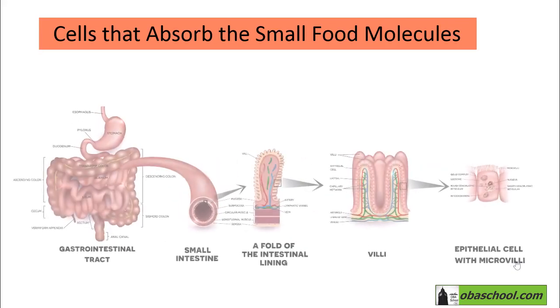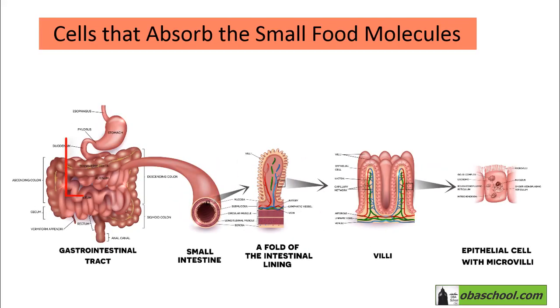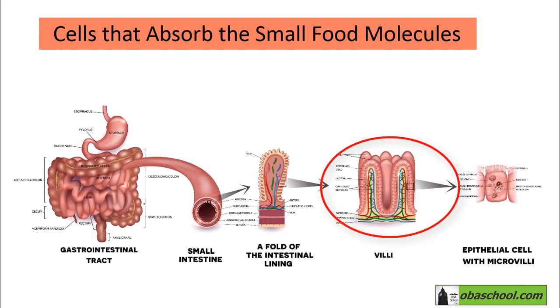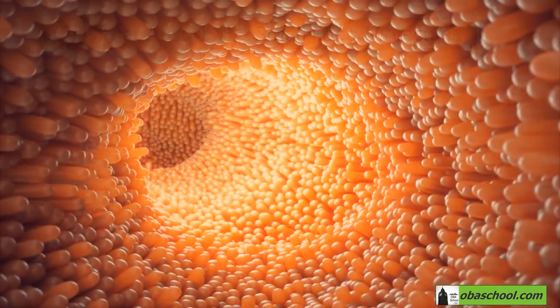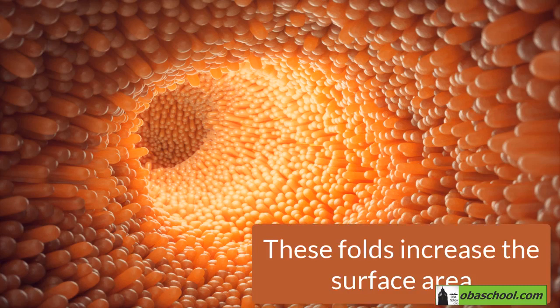So, the cells that line the small intestine are adapted for this function by having many microvilli, which are tiny folds, as you guys can see. These folds or adaptations increase the surface area of the cell, and more folds means more spaces for food molecules.